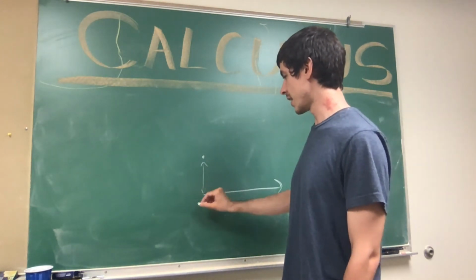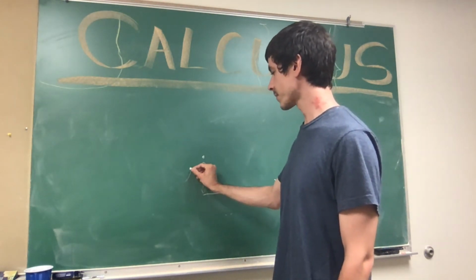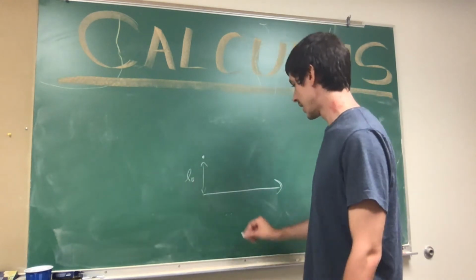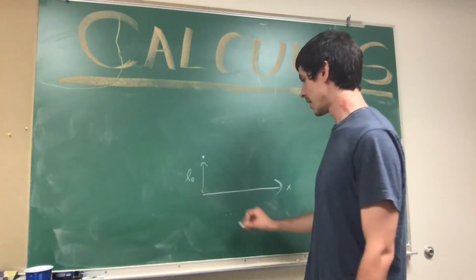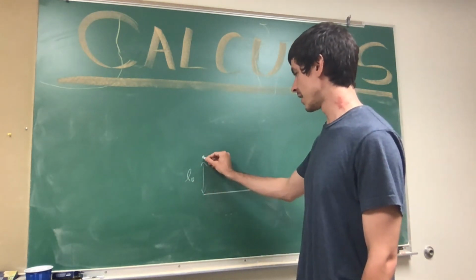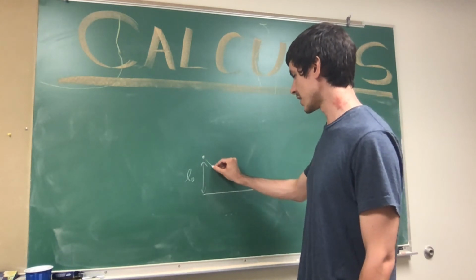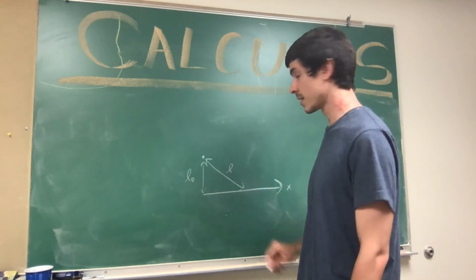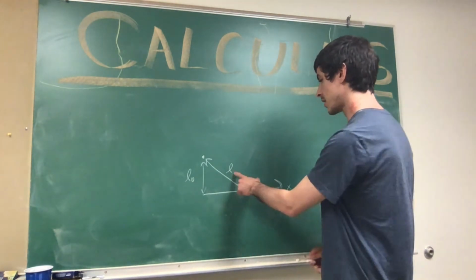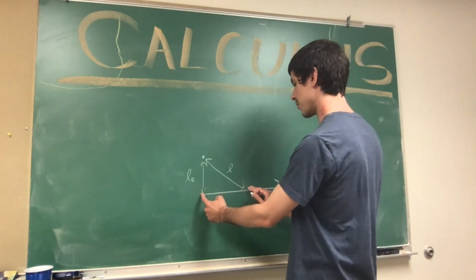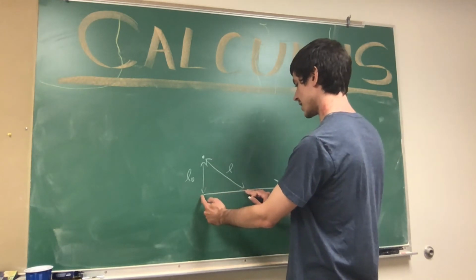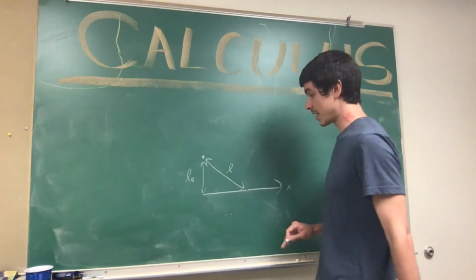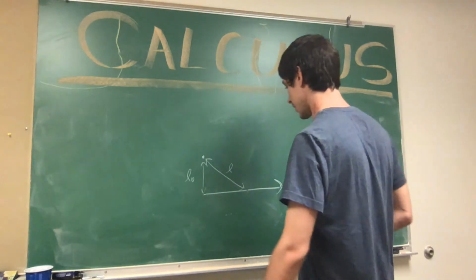And let's say that this height here is L0, and as we move along the x-axis, the distance from this point is going to be L. So L is clearly a function of x, right? Because as you move along the x-axis, L is going to be changing.